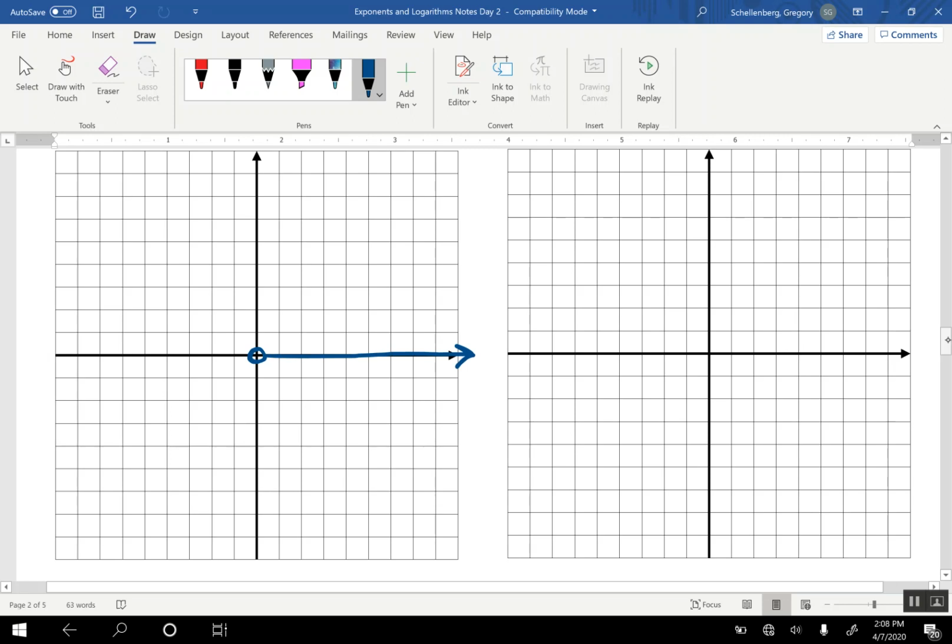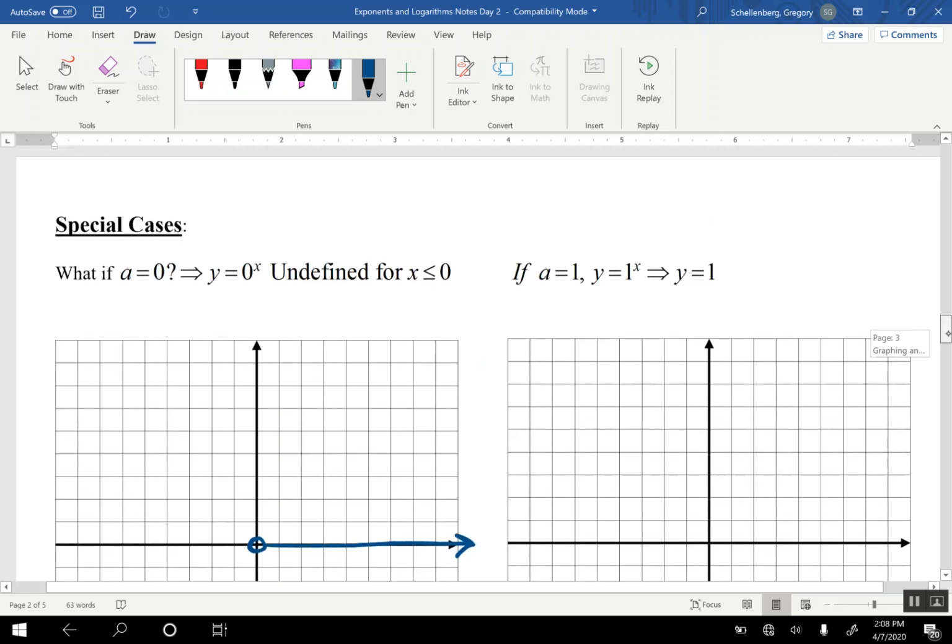Now as we get into logarithms, we're going to look at restrictions on bases. We cannot have a base of 0 because if you look at the graph, this does not look like an exponential function. It looks like a linear function, and it is. So we restrict the base in that manner.